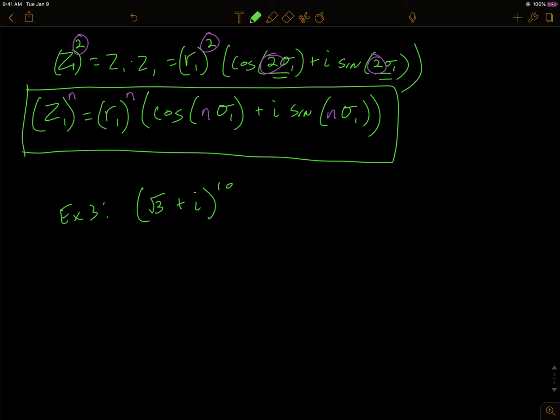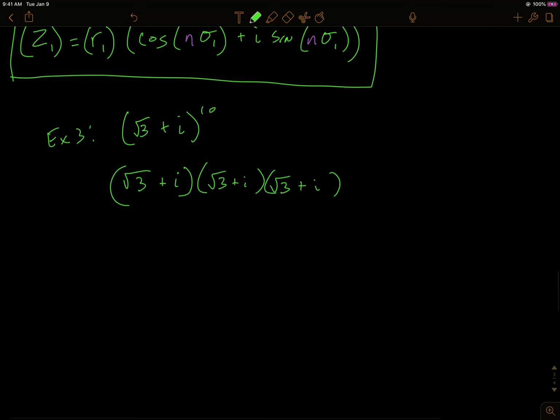Now we can't apply this theorem on this complex number because it's in rectangular form. And you can imagine that if I had to do this times itself 10 times, even in rectangular form, this would be very tedious and take me probably 20 minutes. I have to distribute, simplify, then distribute to the next one, simplify.